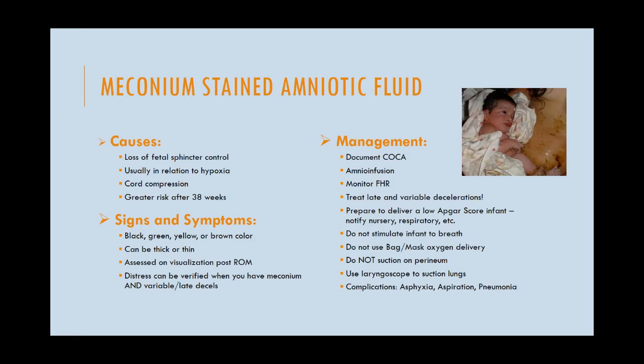And if we do this, one thing we have to do is keep track of what's going in and what's coming out. Because if we don't, we're putting this mom at a great risk for uterine rupture if we infuse a lot of fluid and it doesn't come back out.